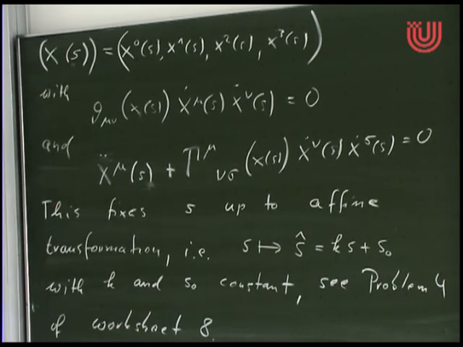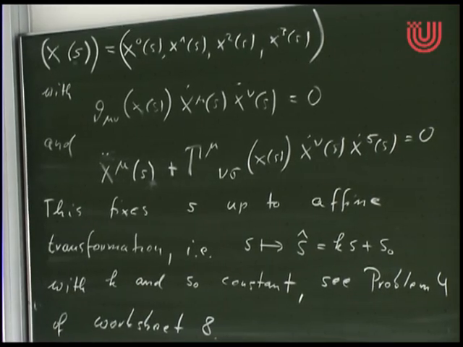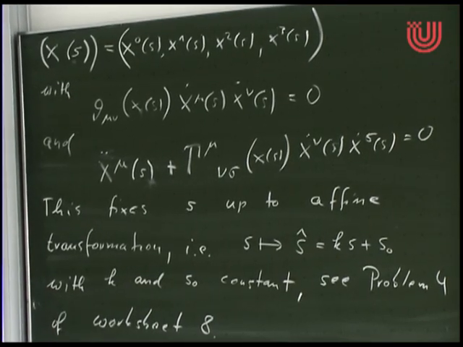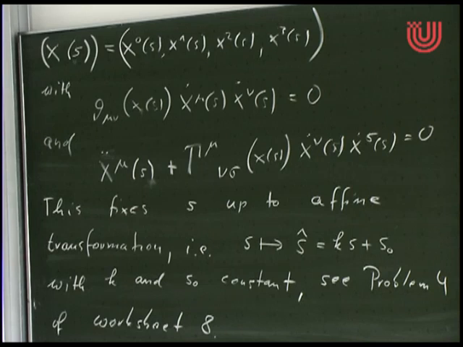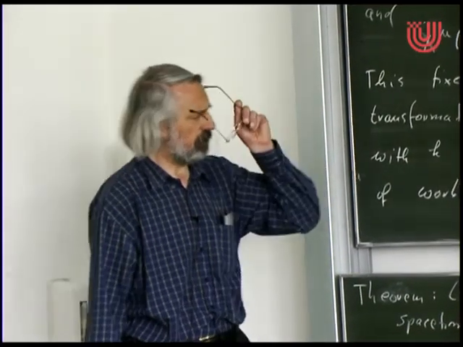If we follow freely falling particles or photons in a general relativistic spacetime, to what accuracy can this be approximated on small neighborhoods by the special relativistic equations? What I said already, and what I will demonstrate now, is that it can be done up to second order. So if you go up to second order away from our point P, then we can work with the equations of special relativity.